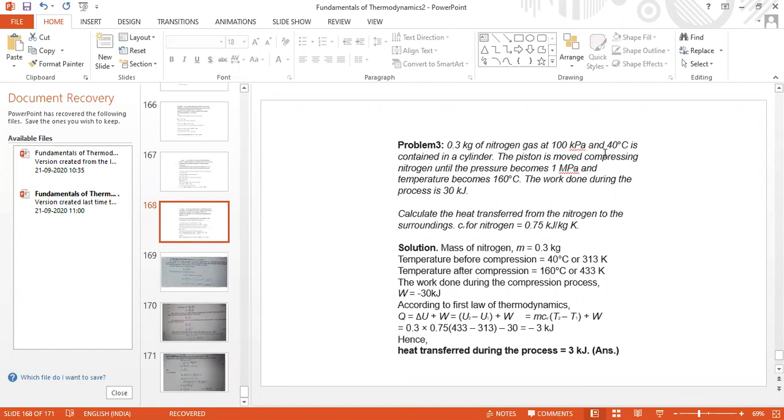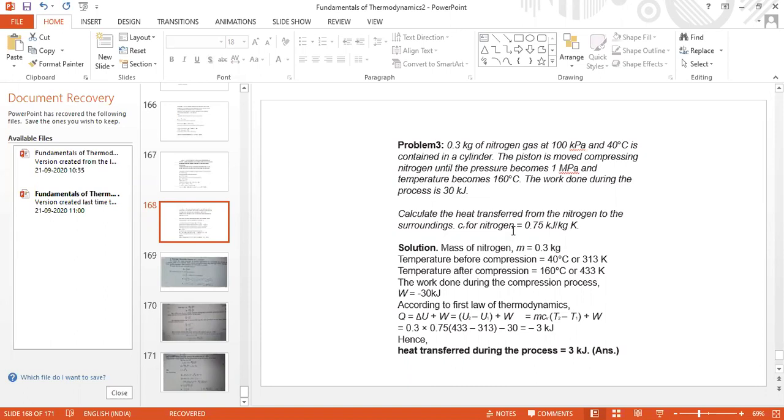Because this is a compression process, does a compression process require work or produce work? I repeat, does a compression process require work or produce work?